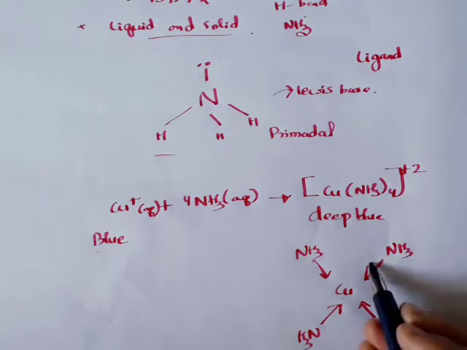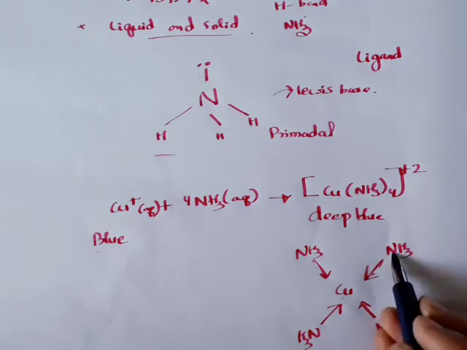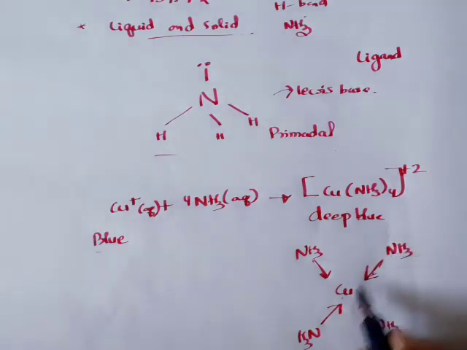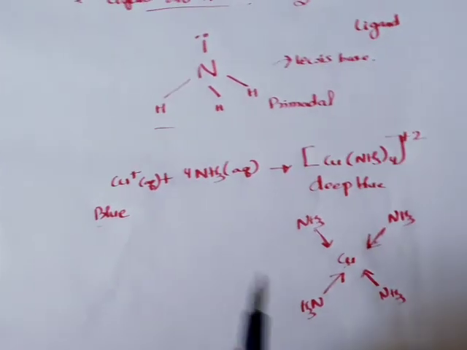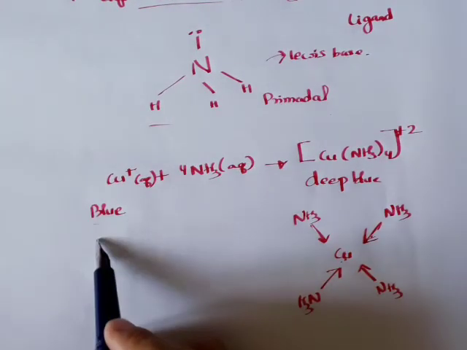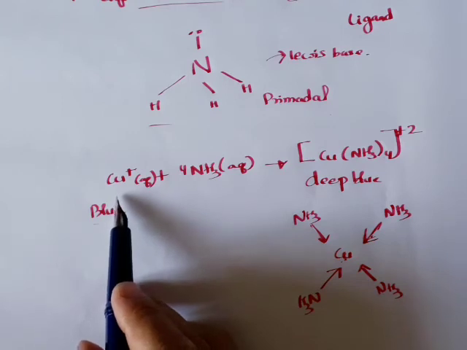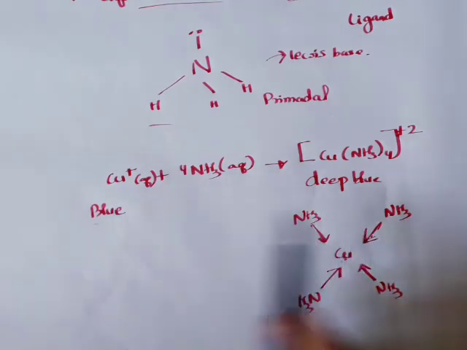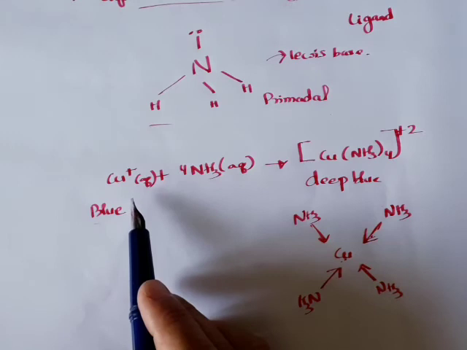The electron pair in the bond belongs to nitrogen only, and it is donating to copper. So this is what is called a coordination bond, and this is your complex compound. Again, the blue color of copper sulfate solution changes to deep blue when ammonium hydroxide is added to it.